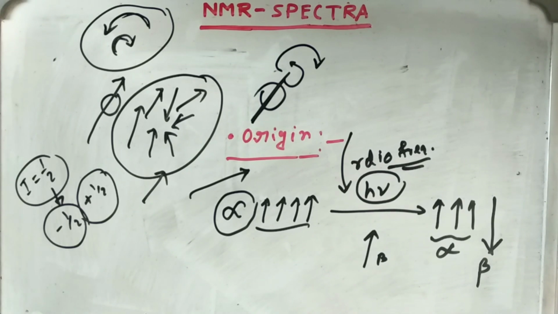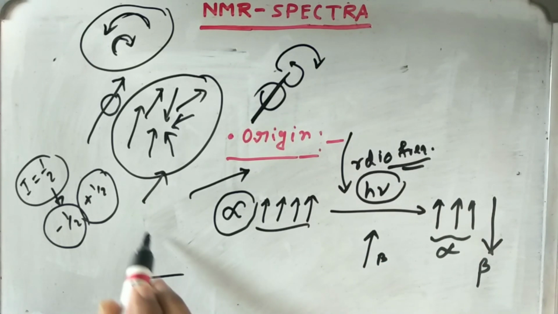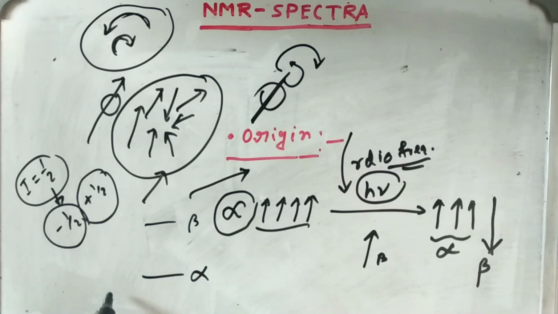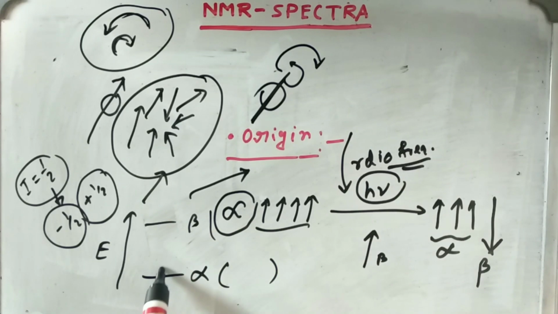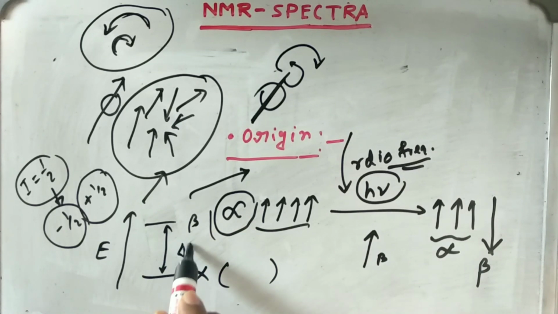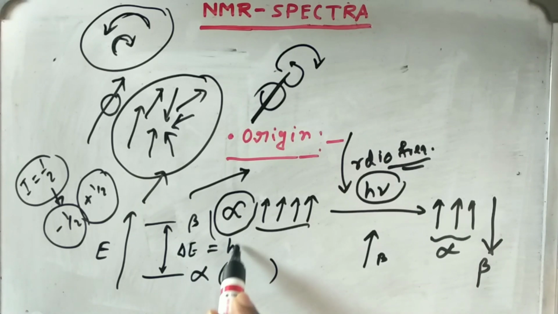Now we are considering why alpha to beta spin state flipping is possible. Say this is alpha and this is beta spin state. This is the energy level diagram. Alpha is aligned with the magnetic field, while the beta spin state does not align with it. This energy gap is called delta E. Of course, from Planck's law, delta E equals h nu.